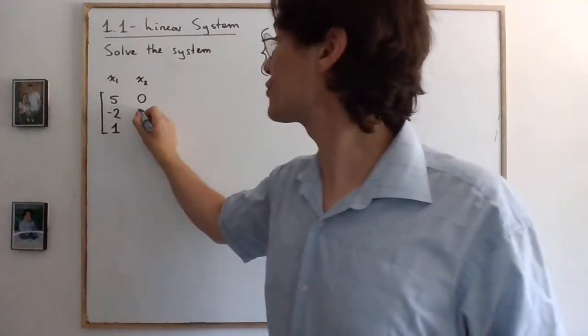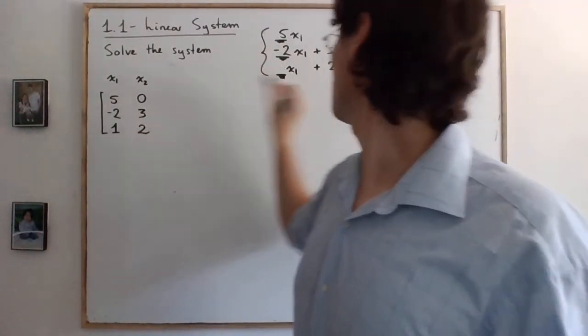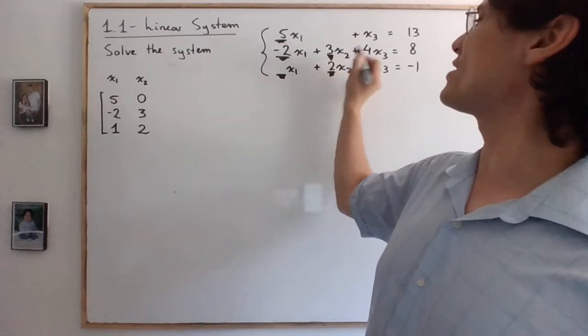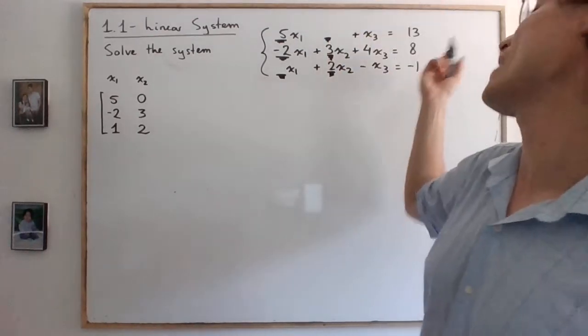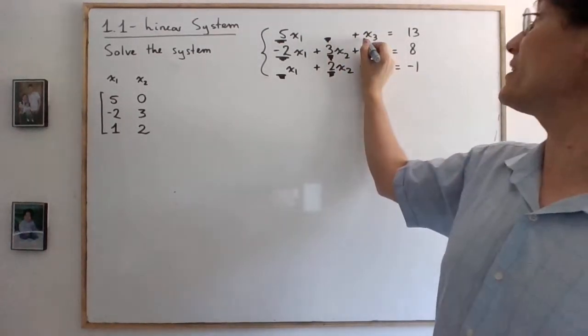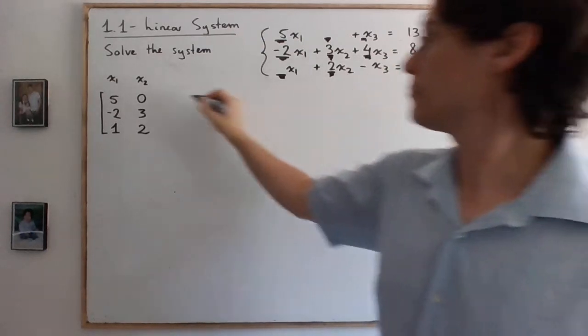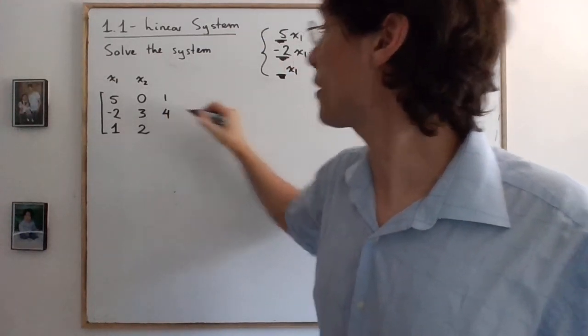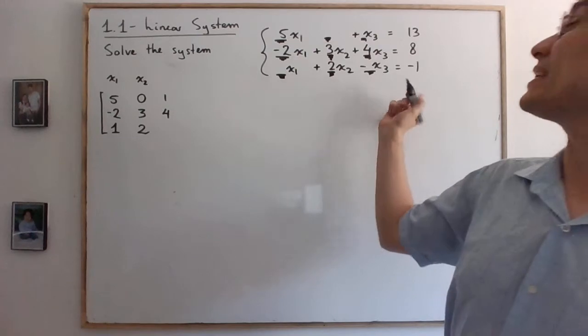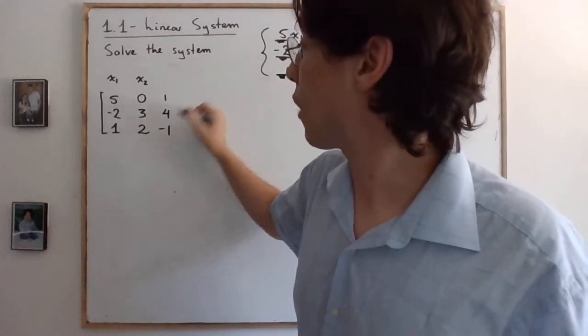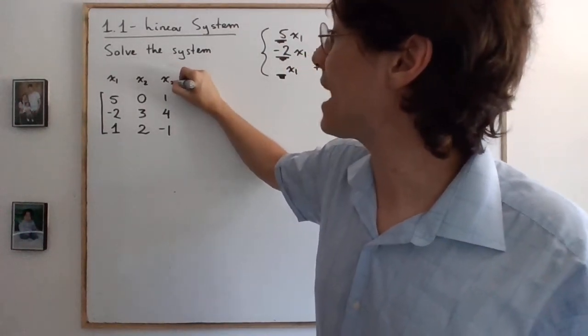Okay, then we have 3 and 2. So in other words, these entries over here, we have 0. And then finally we have 1, 4. So 1, 4. And don't forget the sign here, be careful, -1, right? So this represents x3.